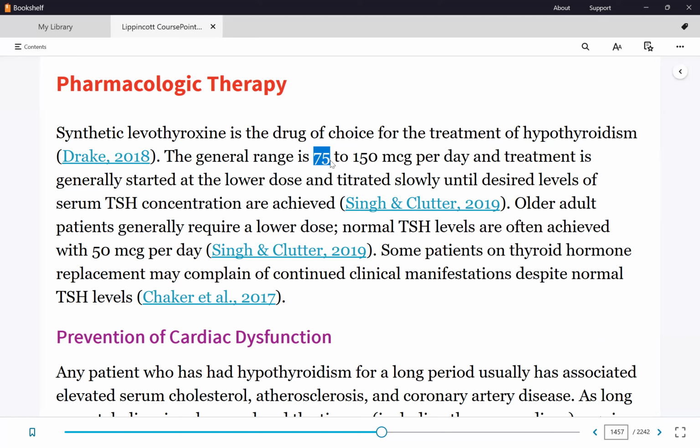Does that make sense? Between brands, although the same generic name, strangely does not have the same strength. Okay, so when the patient is already taking, let's say, Armour Thyroid, they should stay with Armour Thyroid.